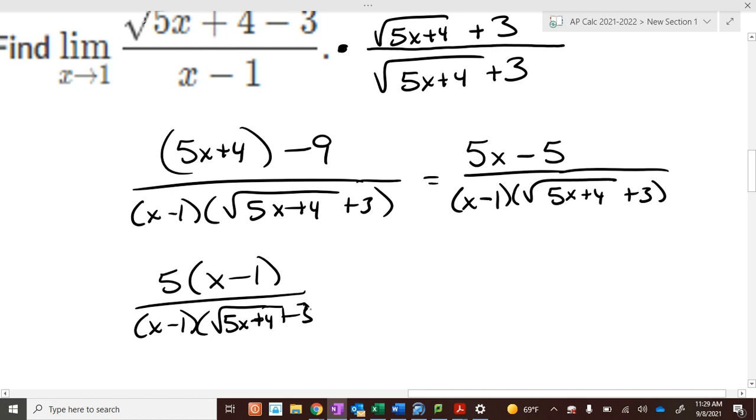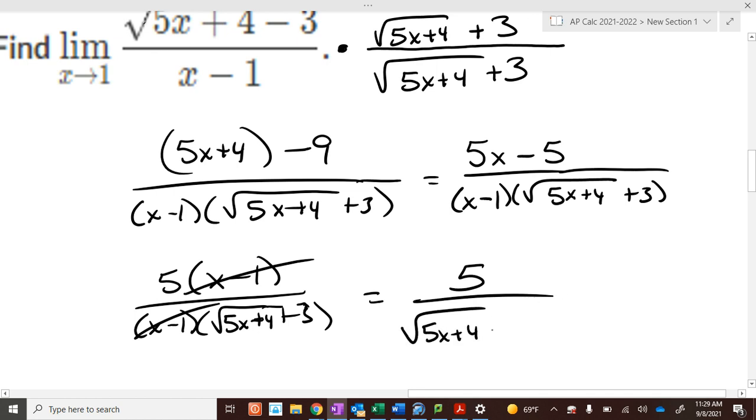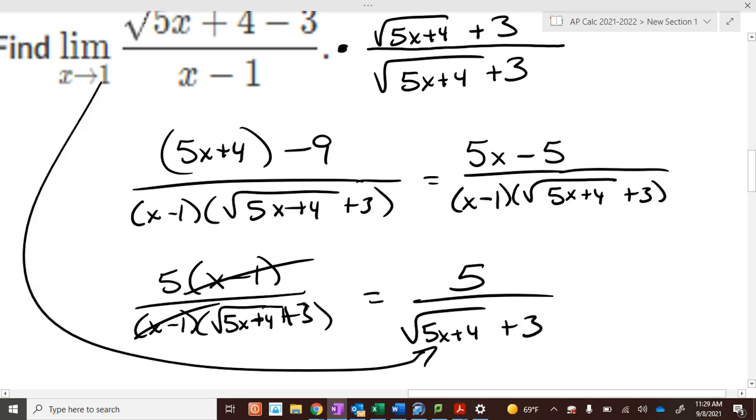So if we cancel out my x minus 1s, I get 5 over the square root of 5x plus 4, and that's a plus 3. Now if we stick in the 1, 5 times 1 is 5, plus 4 is 9. Square root of 9 is 3. We get 5 over 6.